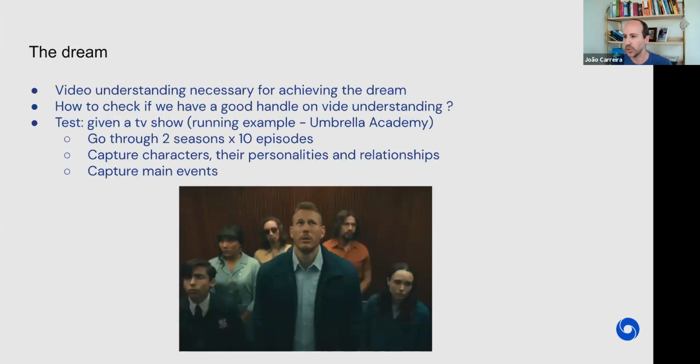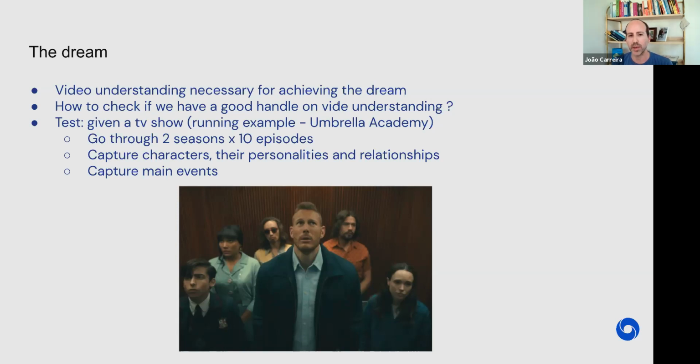An important component of this will be video understanding. So these robots need to really understand the video and the rest of their senses incoming into their perceptual system to achieve this. And I was thinking a little bit how hard this is, and how can we check if we have a good handle on video understanding.